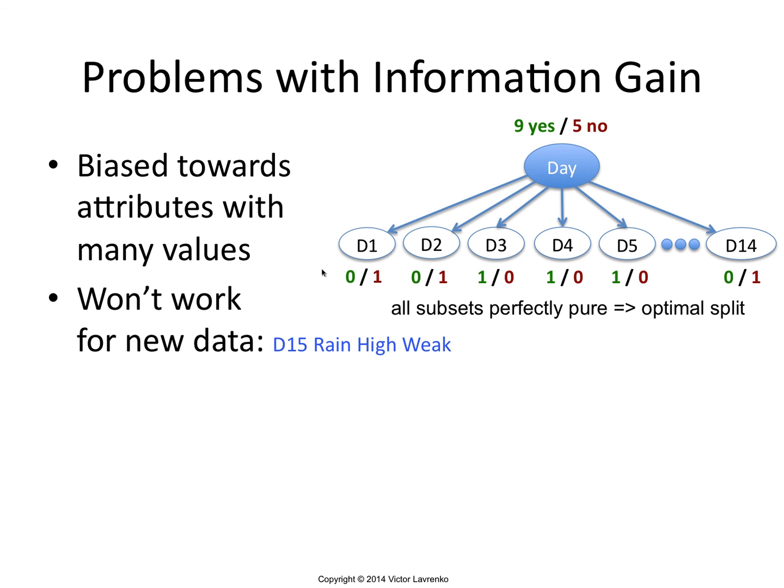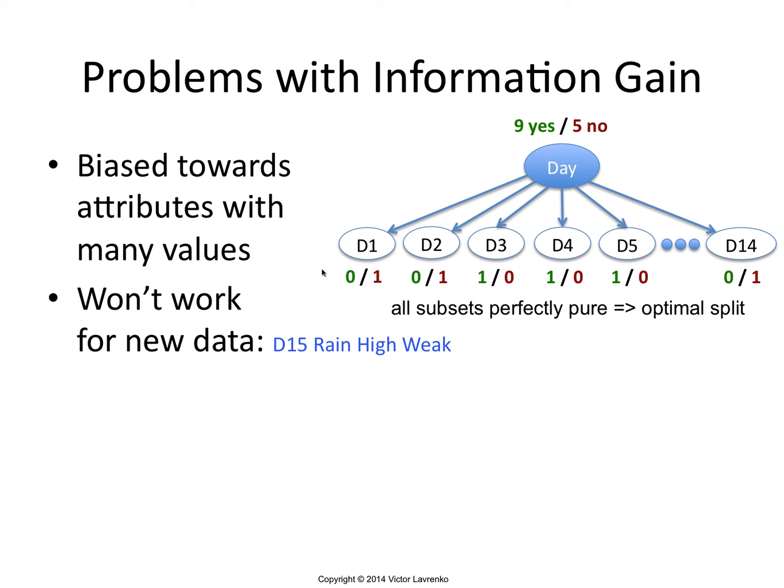The problem is, of course, it's not terribly useful because what do you do with day 15? That's not a part of the tree. You don't have a branch for day 15. And in general, this is happening because we're keeping the day number as part of our attributes, but it will happen in general.